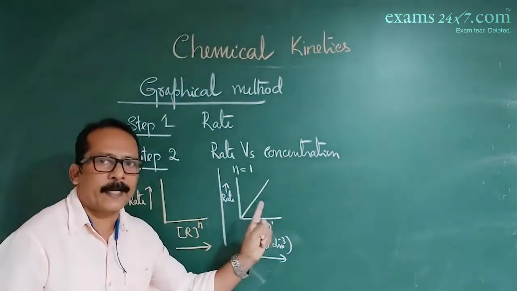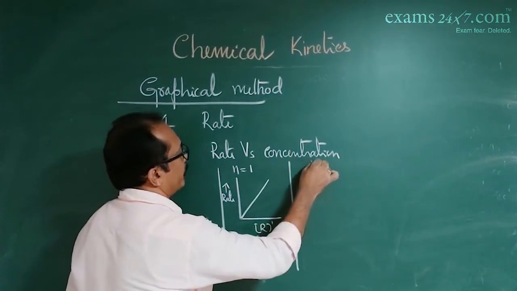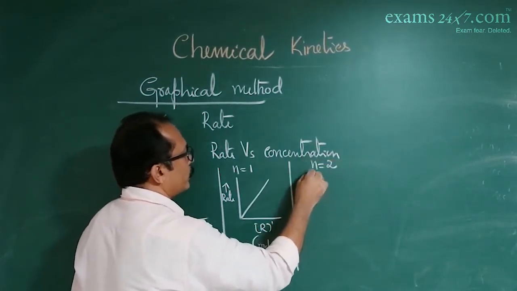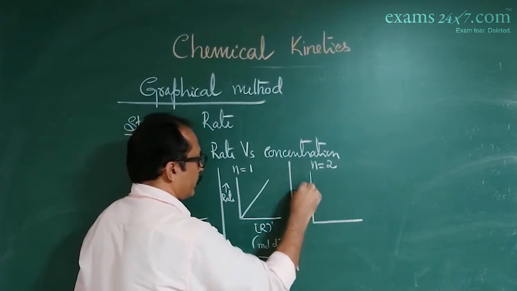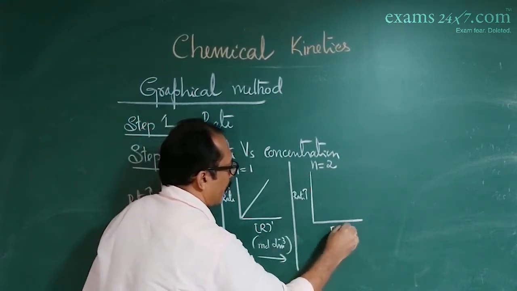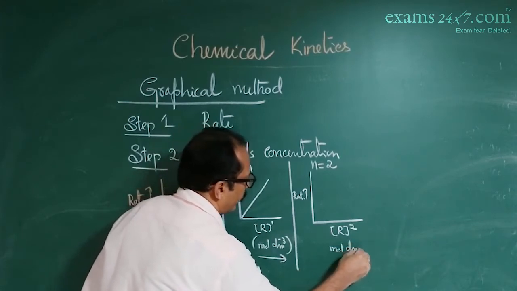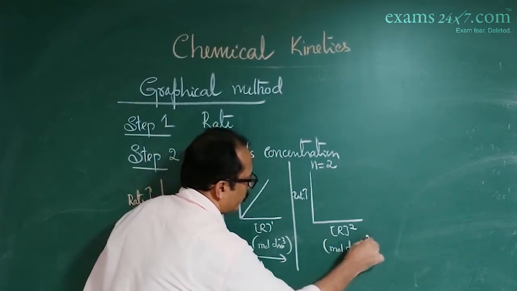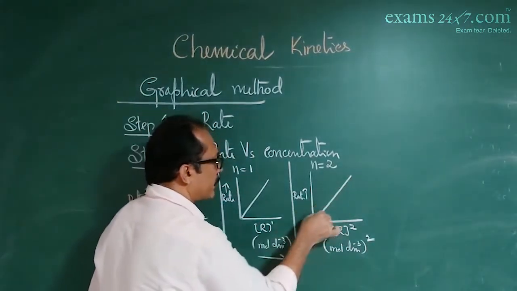If there is no straight line, then you have to go for a second order reaction, n equals 2: rate versus concentration to the power 2, or mole per dm cube power 2. If this is a second order reaction, here we will get the straight line.